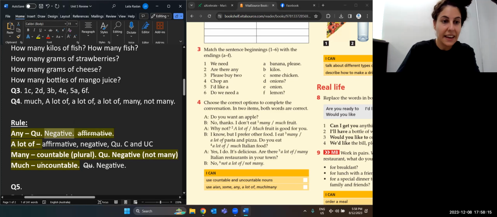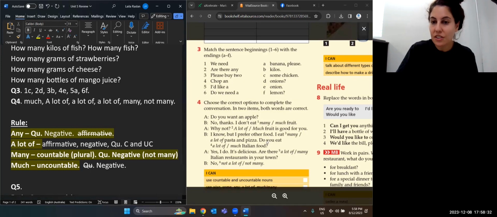Yes, so you can say how much when you start the question with how much, yes, but not do you eat, not with that structure. Do you eat a lot of Italian food? It's like saying, do you eat a lot of rice? Do you eat a lot of cheese?